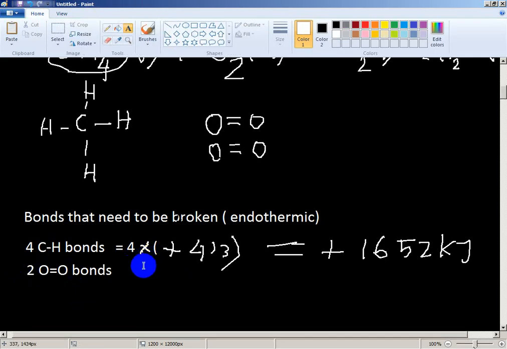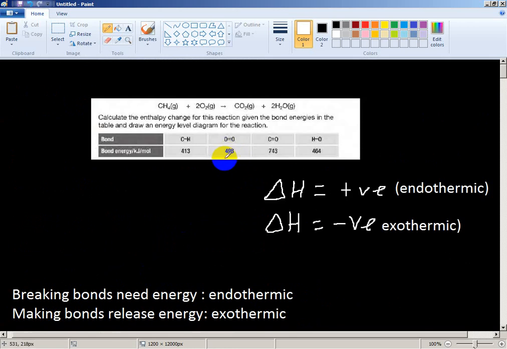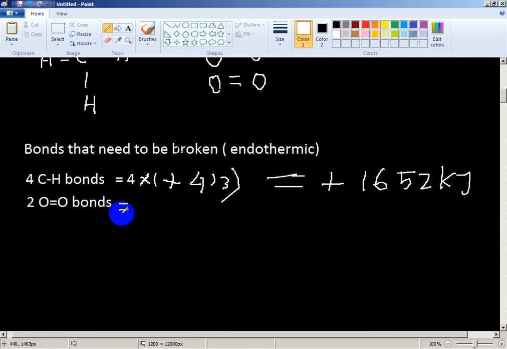What is the bond energy for oxygen? Oxygen is 498. So how many molecules? 2.